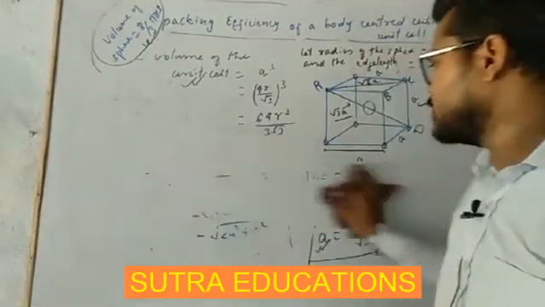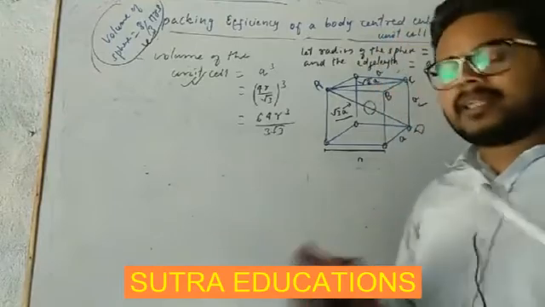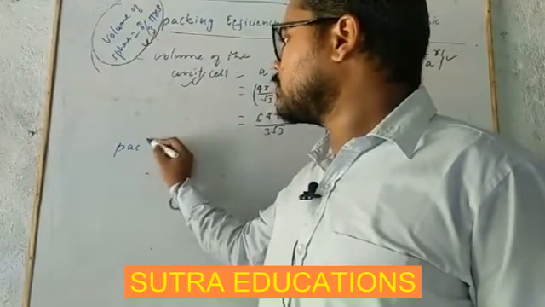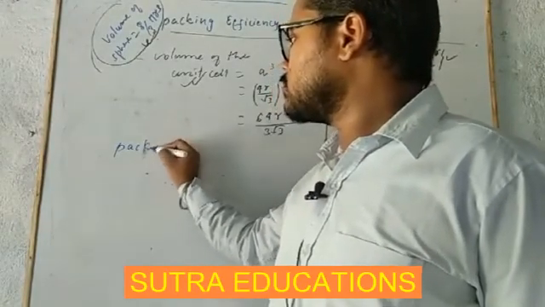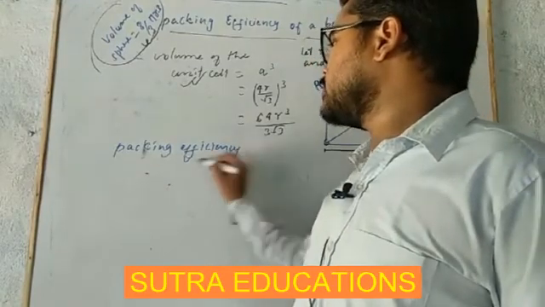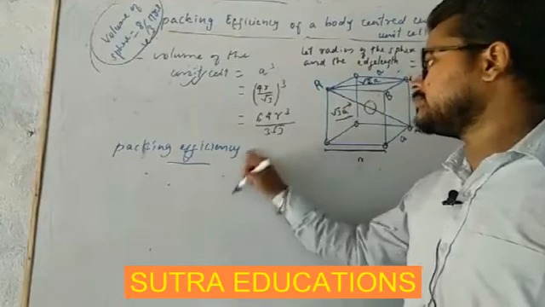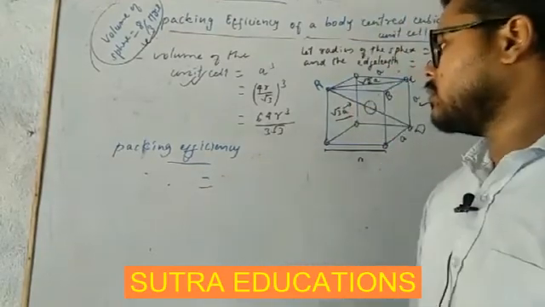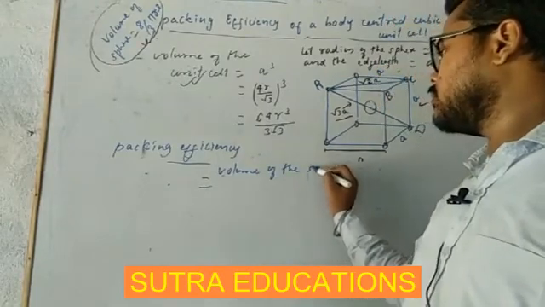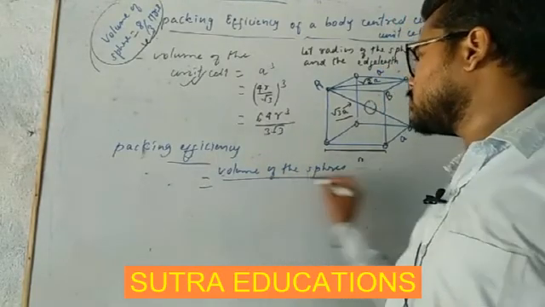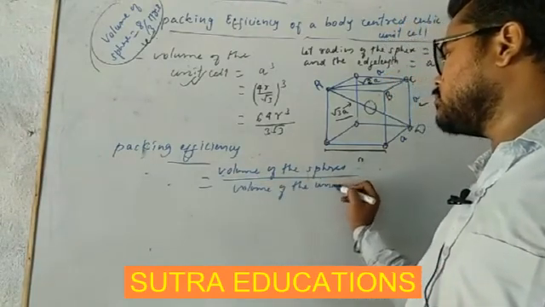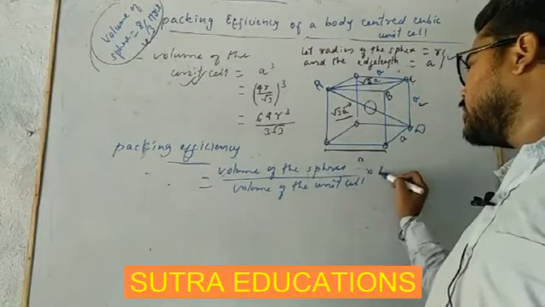So write packing efficiency, and this packing efficiency is given by volume of the spheres upon volume of the unit cell multiplied by 100.